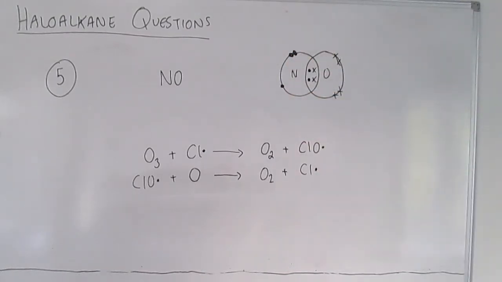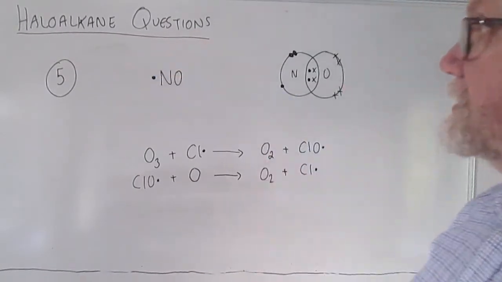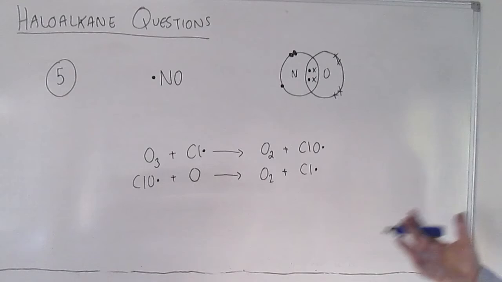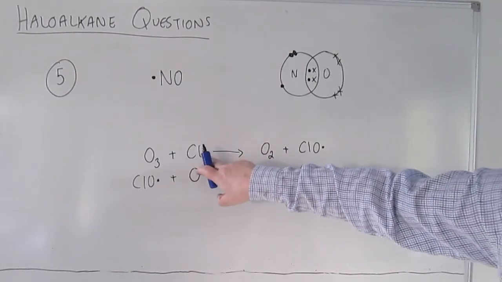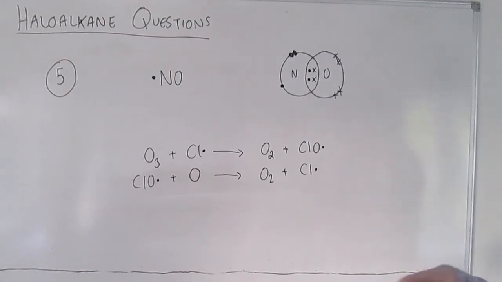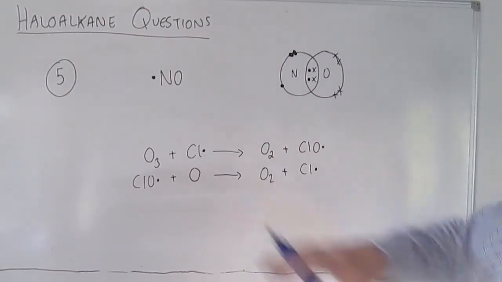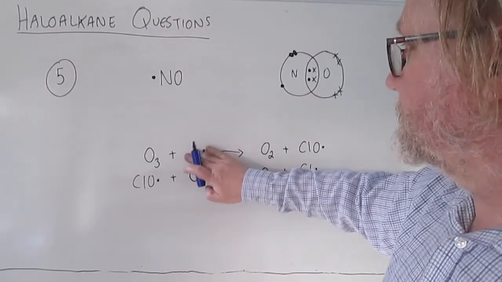So it has an unpaired electron. So NO is actually a radical. And that's the key, because whatever Cl dot does, NO dot can do. That's the way to memorize this, rather than think, oh, that's something else I've got to learn completely separately.